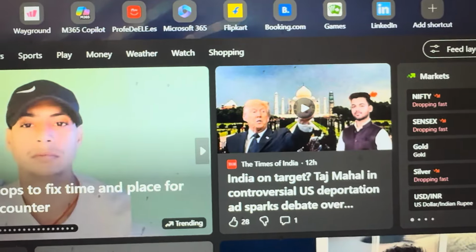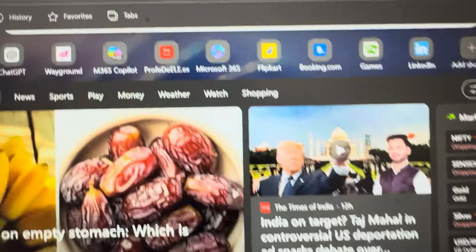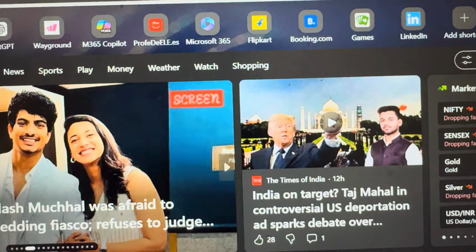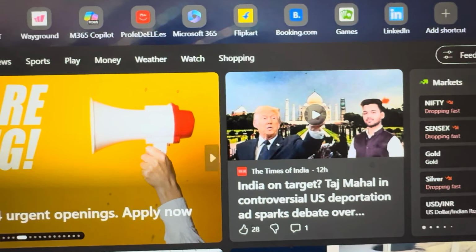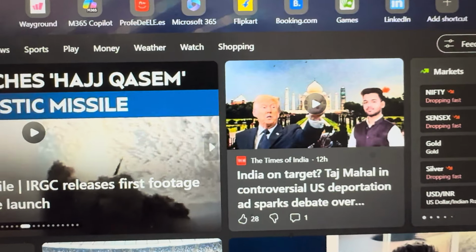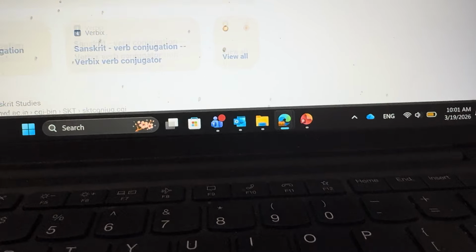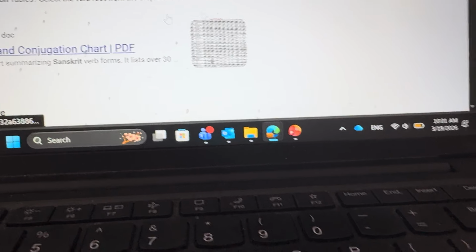Sanskrit conjugation, that's why they say Sanskrit is the mother of all languages. So you say patati, patatah, patanti, right? You have conjugations to it. Let's see the conjugations in Sanskrit.